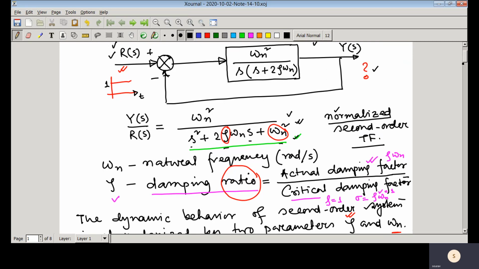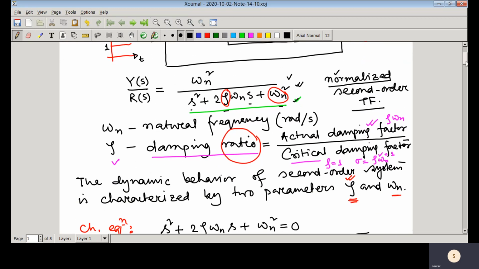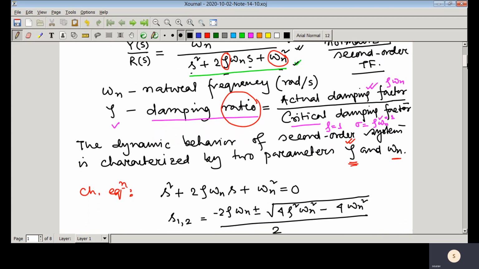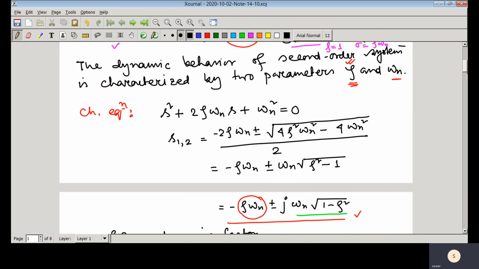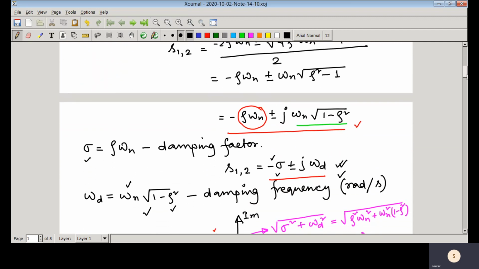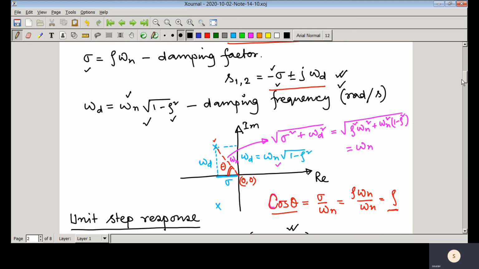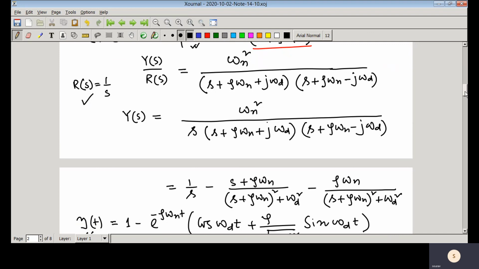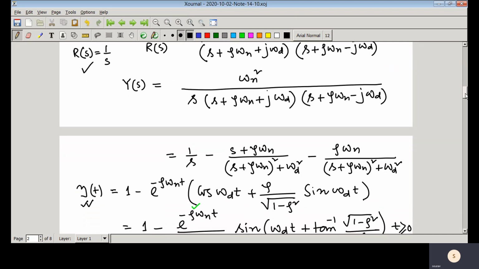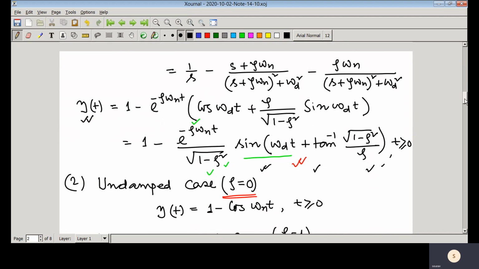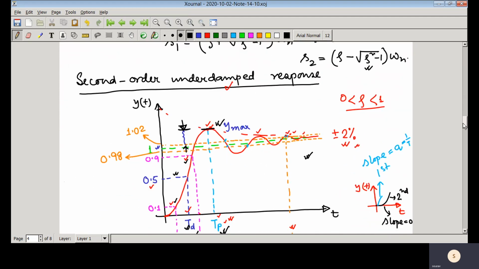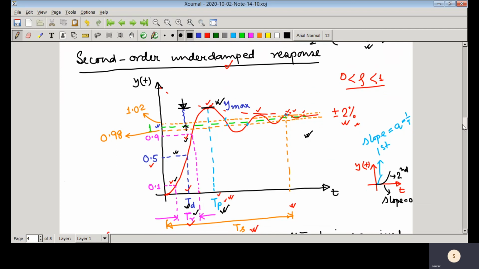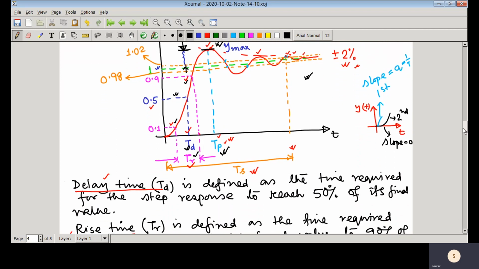They characterize the response of a second order system, and here we have defined what is natural frequency, damping ratio, damping factor, and damping frequency, and we have shown how to find the damping ratio from the poles location. Then we have derived the expression in four different cases: underdamped, overdamped, critically damped, and undamped cases.